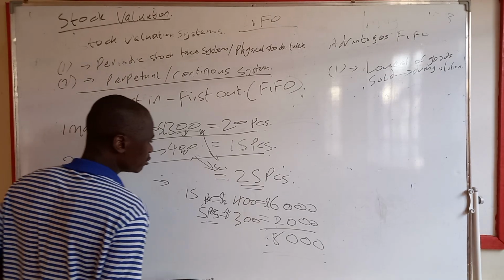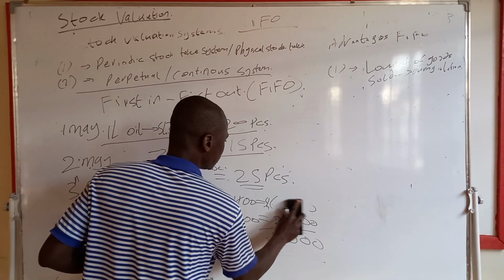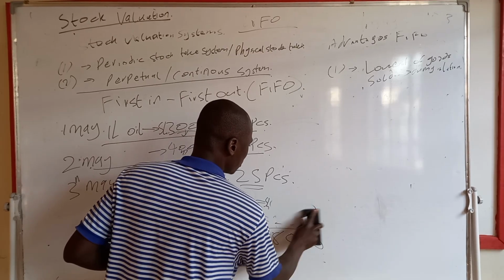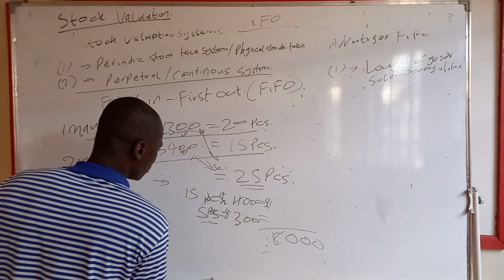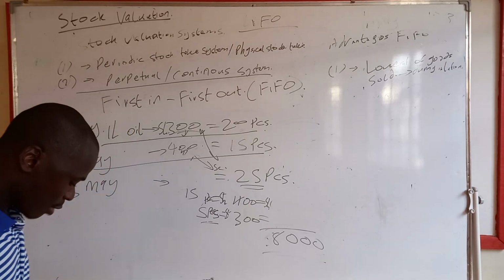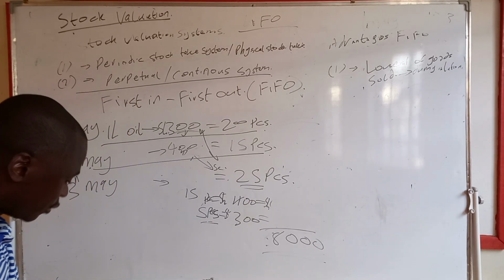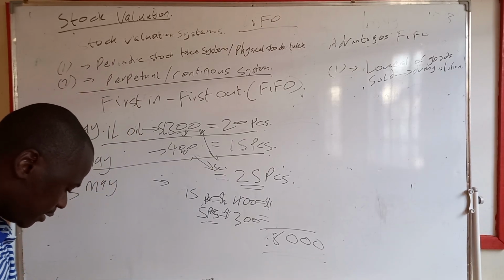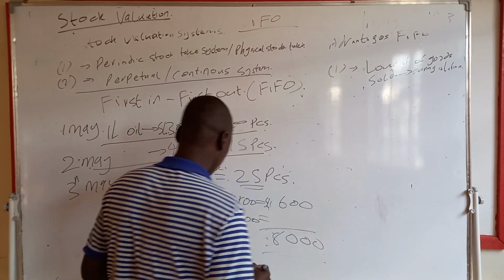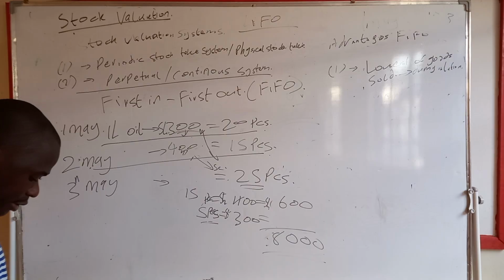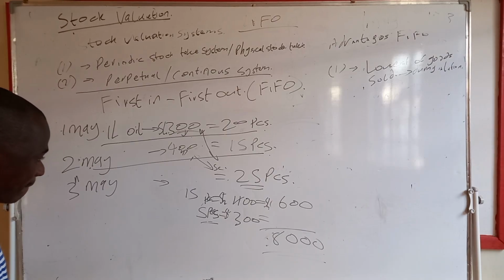If you do your calculation, you will find out that this becomes much higher. 15 times 400, that will give you 6,000. Then 5 times 300.